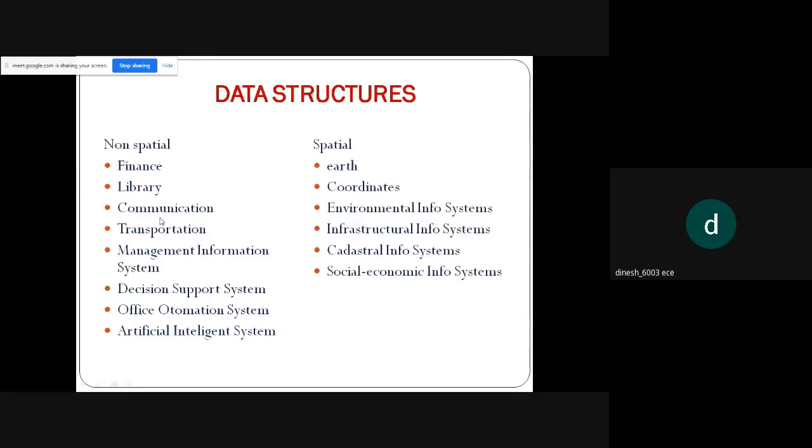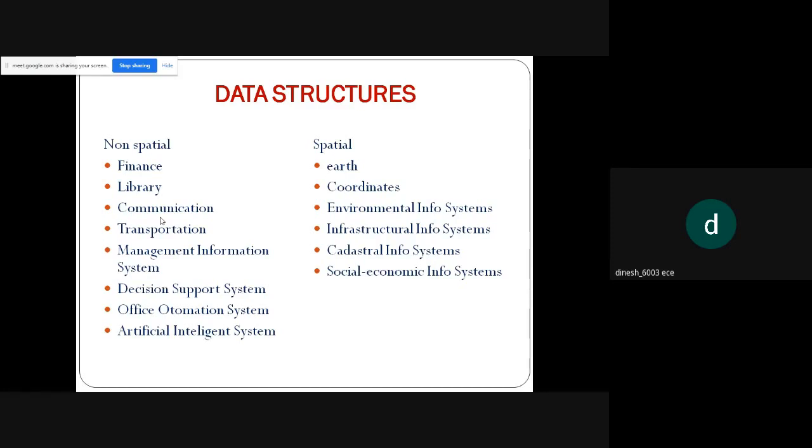The data structures are classified into two different types. One is non-spatial, another one is spatial. Spatial means all the geographical features from the earth, coordinates, environmental information system, infrastructural information system, cadastral information system, socio-economical information system, all come under spatial, which is obtained by the satellites or remote sensing or by aircrafts or by balloons and so on.